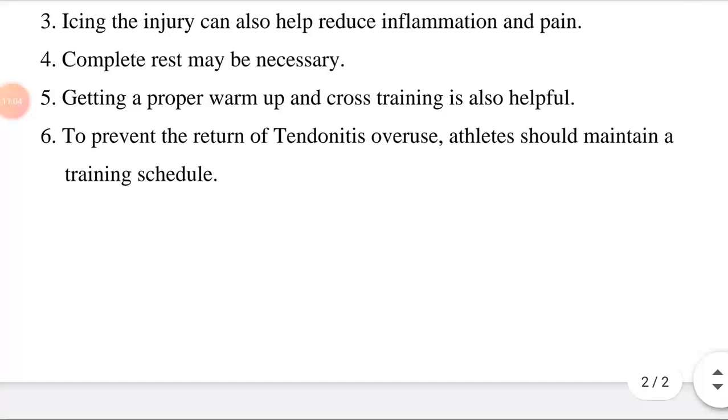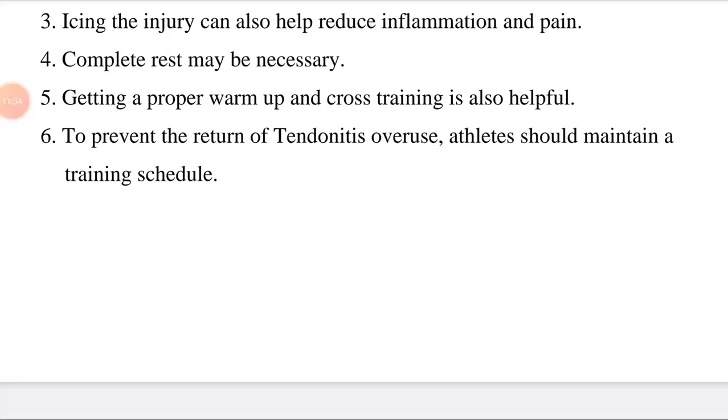Complete rest may be necessary. The person affected by tendinitis should relax completely. Getting a proper warm up and cross training is also helpful. Before participating in any daily activity, perform some activity to mobilize the muscles properly.